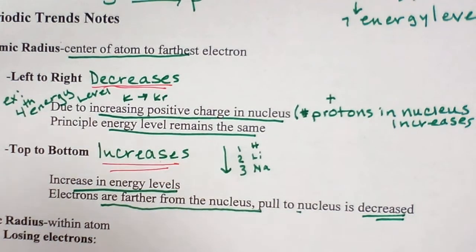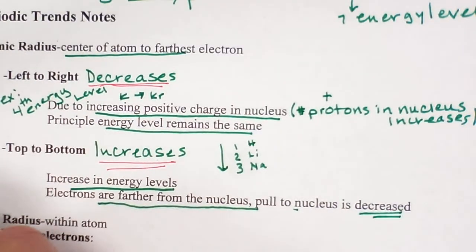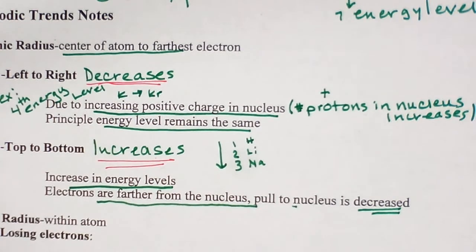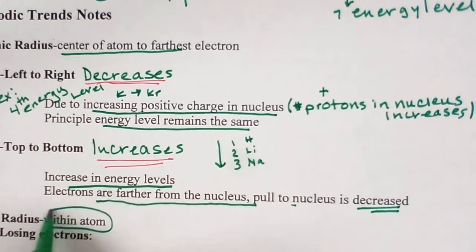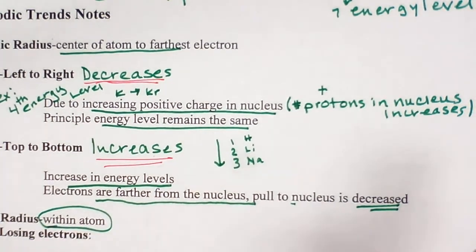Next, the next trend that we're going to talk about is ionic radius. And we're really talking about within an atom, not generally across the periodic table. We're talking about within an atom. So we're going to look at the octet rule, which we've already talked about once, but let's put it in our notes again.